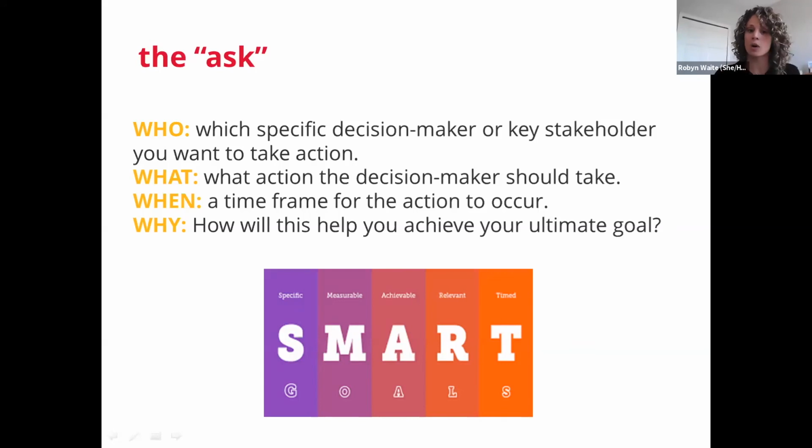So we kind of know our time frame based on what's happening in the broader ecosystem of the global health sector. And then the why. How will this help you achieve your ultimate goal? Well, us at Results Canada, we're on a mission to end extreme poverty. And we know that children need to be healthy in order to thrive. So it aligns well with our organizational objectives.